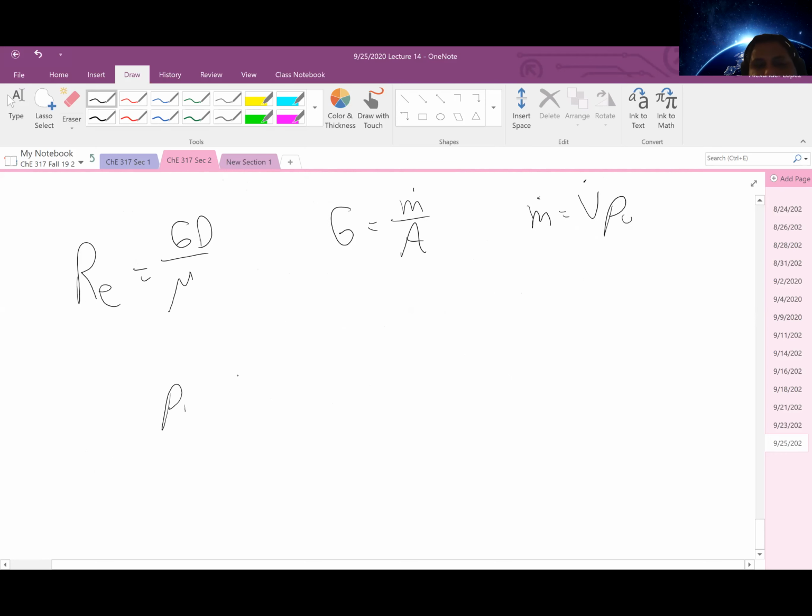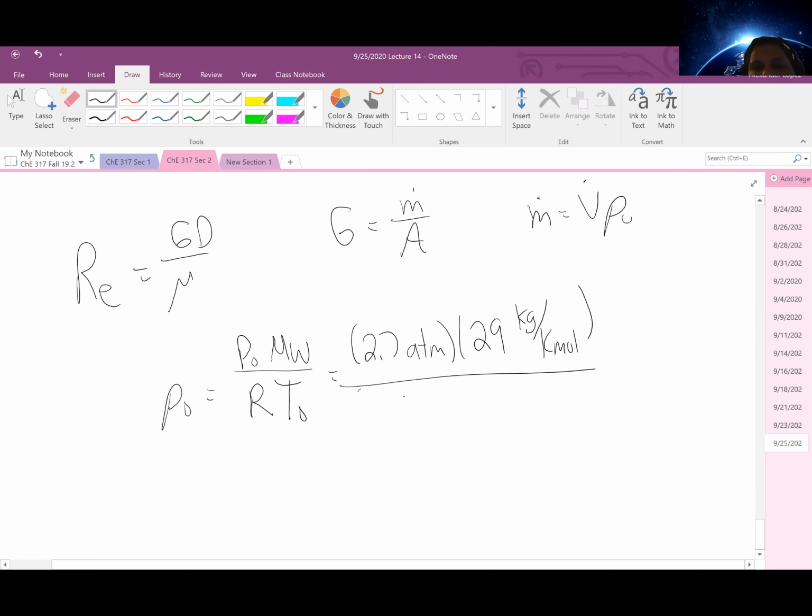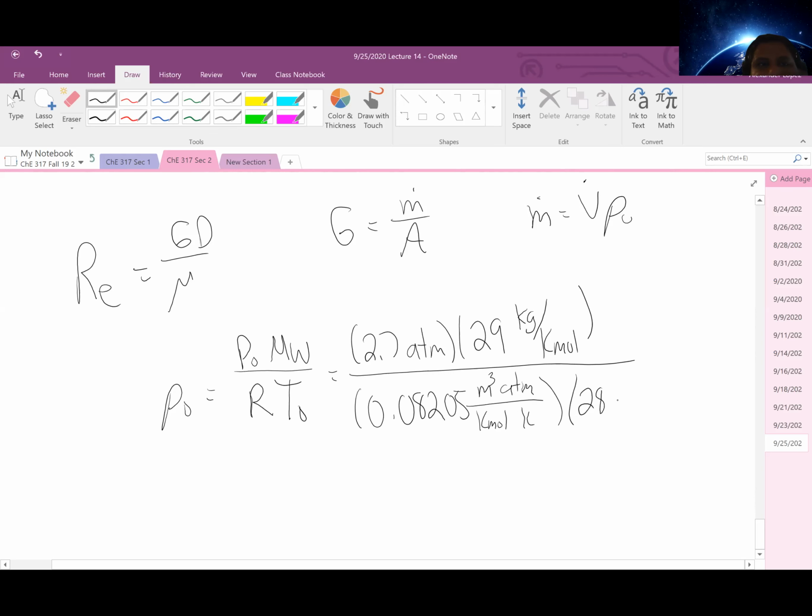So rho naught is equal to P naught molecular weight over R T naught, or 2.7 atmospheres times 29 kilograms per kilomole over our R value, 0.08205 cubic meters atmospheres per kilomole Kelvin, with a temperature of 288 Kelvin. As always, we can do a quick unit check, and we're left with kilograms per cubic meter, which is a good sign.